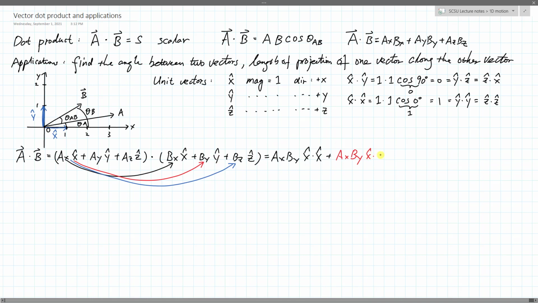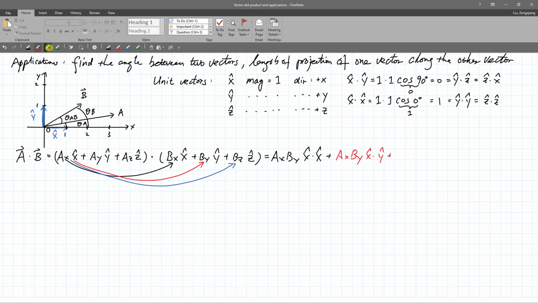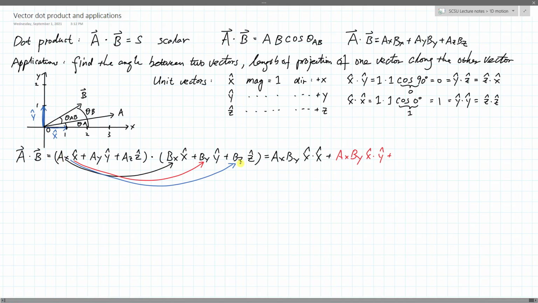That is supposed to be equal to 0. And the next term, a_x b_z, and then x hat dot z hat. That's also supposed to be 0. As long as you don't have the same vector dotted with itself, you will have a 0, because these unit vectors are mutually perpendicular. The 90-degree cosine gives you 0.